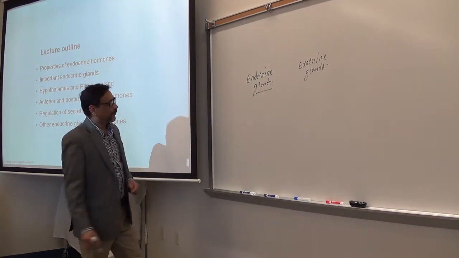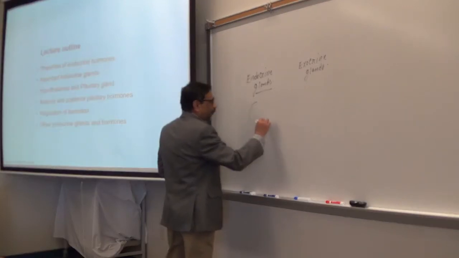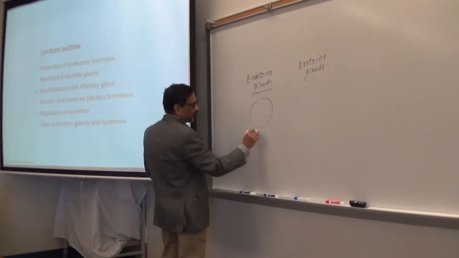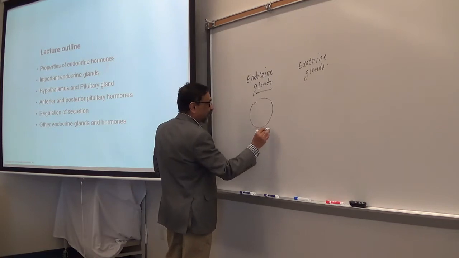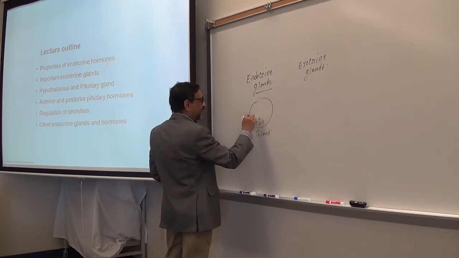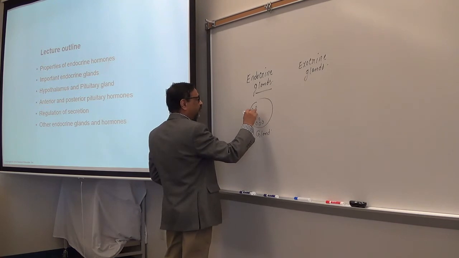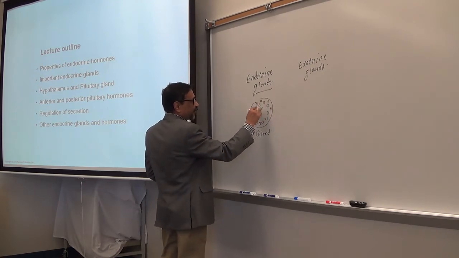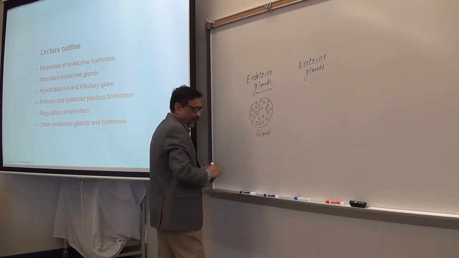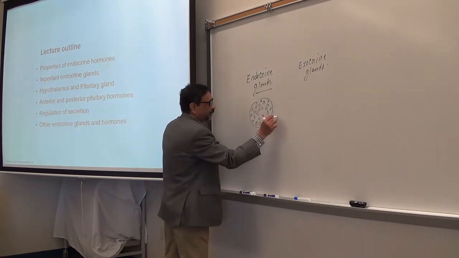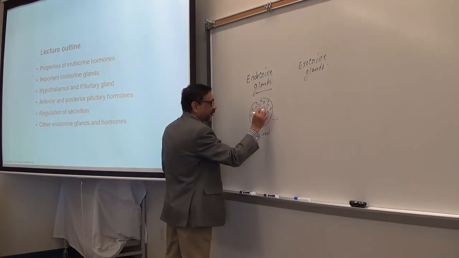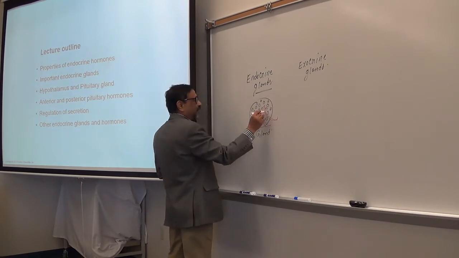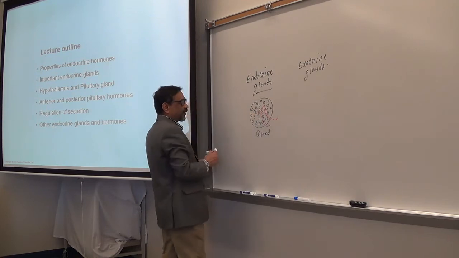Endocrine glands, like this is a gland. These are the cells that secrete the hormones. Okay. If you see inside the endocrine gland, what you will see are the capillaries. Okay, so these are the blood capillaries, right? And what happens?